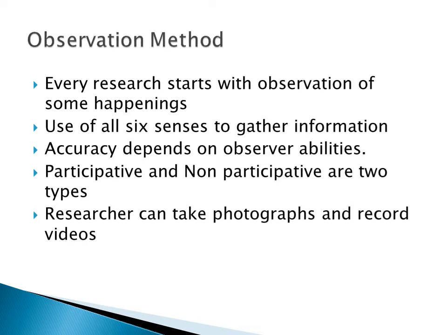If you are already biased, then that bias will show in your observation also. So you should be unbiased, you should be very objective while doing observations. You should just write what you observe. That is very, very important.